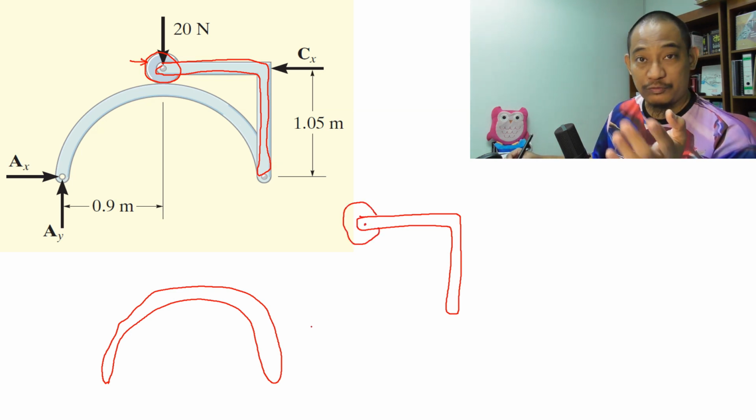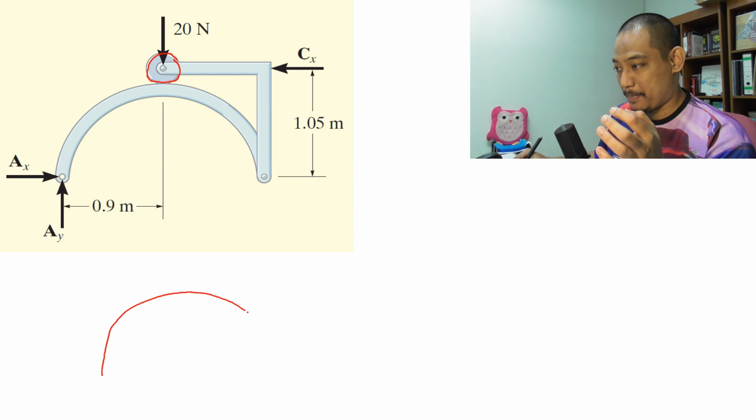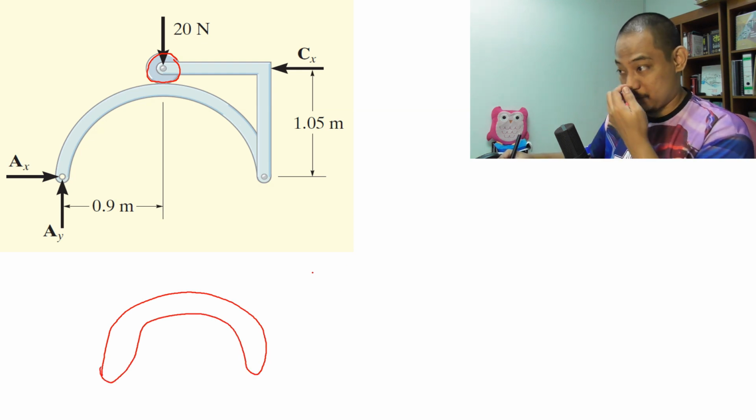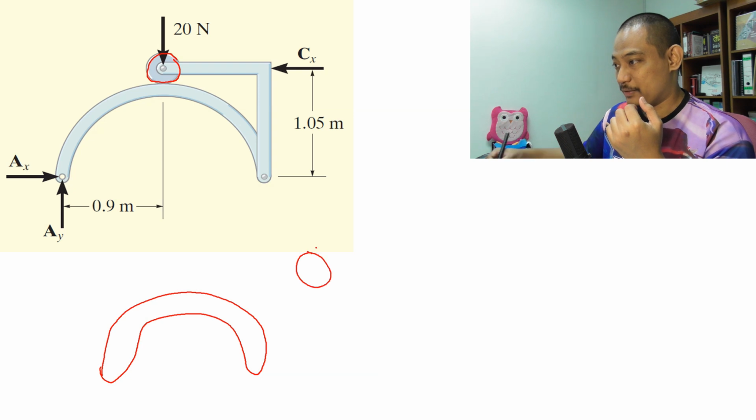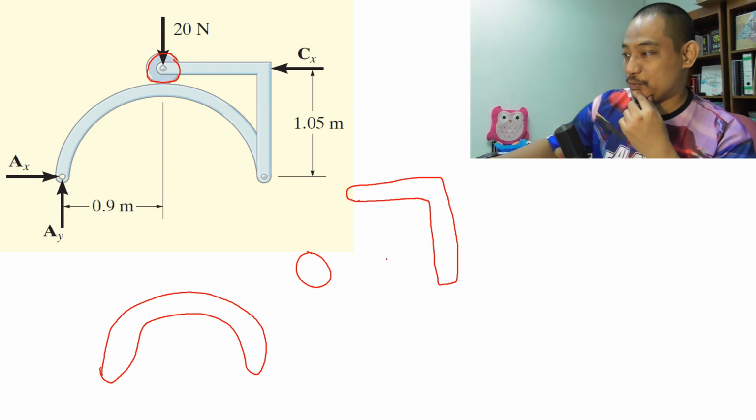So you have two free body diagrams to solve this one. If you select to separate, basically you have one here, and then one wheel over here, and then you have this thing here, right? So we'll do one by one.